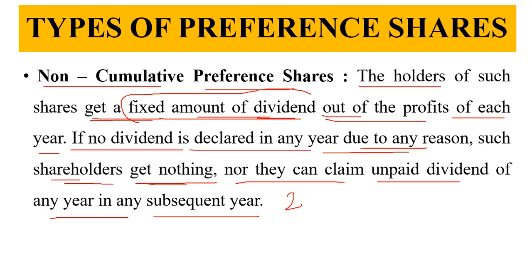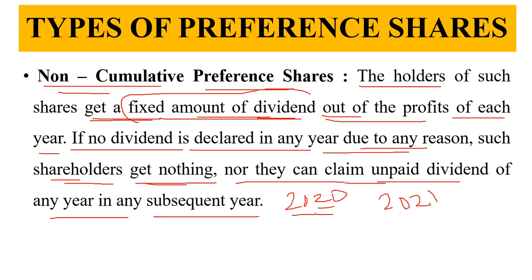Suppose in 2020 the company does not declare any dividend, so in 2020 the non-cumulative preference shareholders will not get any dividend, and if in 2021 the company declares the dividend, these non-cumulative preference shares do not have any right to claim the unpaid dividend of 2020 in 2021.